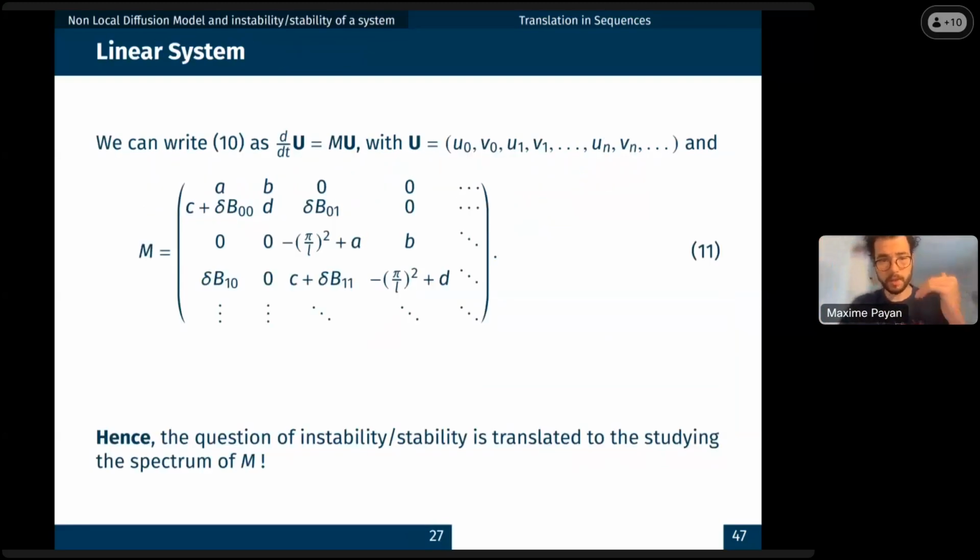So we can rewrite. Maxime, before you proceed, can I ask a question? In your talk, you always use the Fourier basis, right? Yes, exactly, because you have a bounded interval with boundary conditions. In Olivier's talk, he claimed that the Chebyshev basis must be better than the Fourier basis.